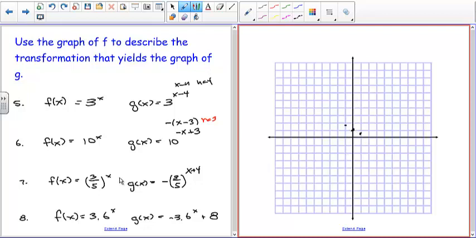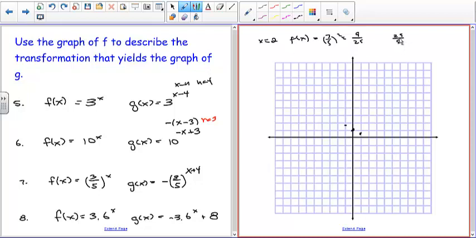And then the question is, what's the next one? Well, if you think about it, if x equals 2, f of x would be equal to 3/2 squared, which would be 9/4. 3 squared is 9, 2 squared is 4. And the other way would be 4/9.